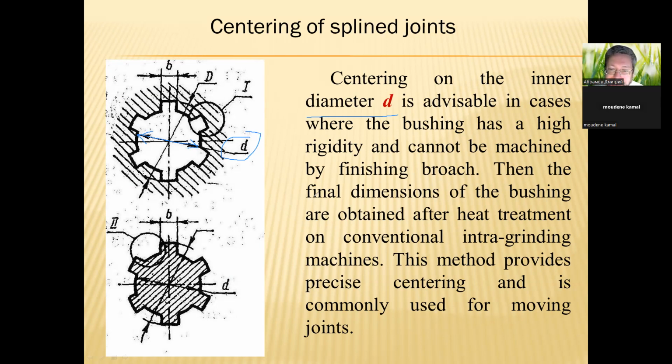Then the final dimensions of the bushing are obtained after heat treatment on conventional internal grinding machines. This method provides precise centering and is commonly used for moving joints. It was the second method of centering of splined joints.